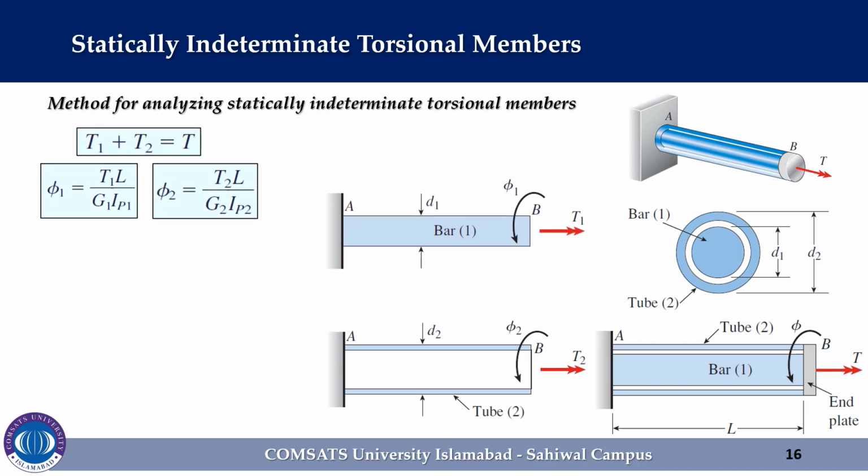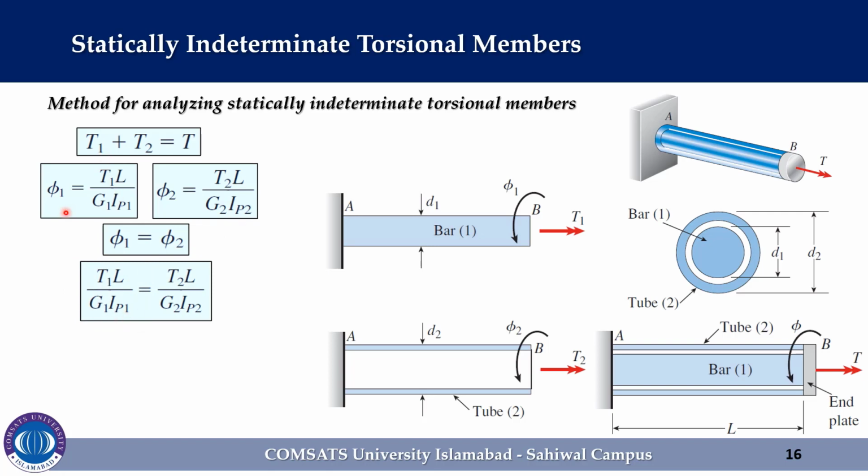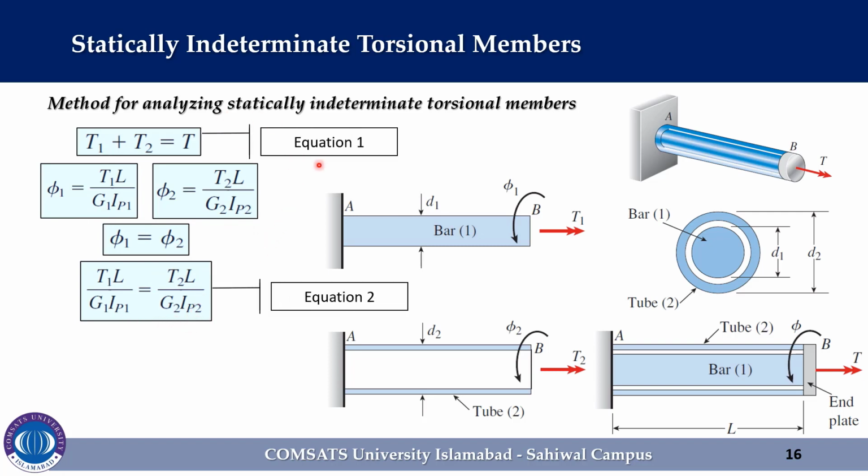When the preceding expressions for phi 1 and phi 2 are substituted into the equation phi 1 is equal to phi 2, the equation of compatibility becomes T1L over G1 IP1 is equal to T2L over G2 IP2. We now have two equations and two unknowns, so we can solve them for the torques T1 and T2.